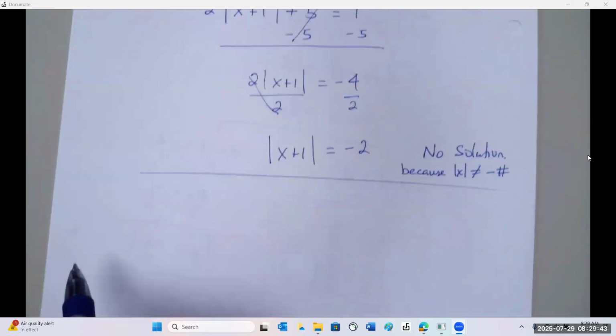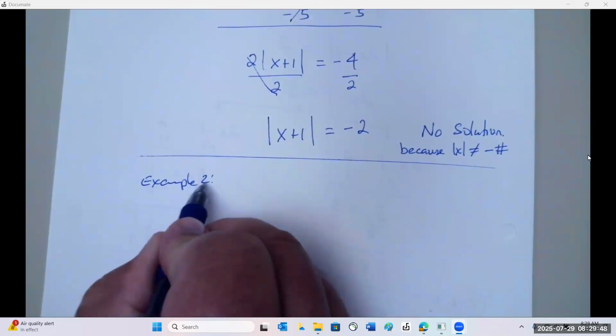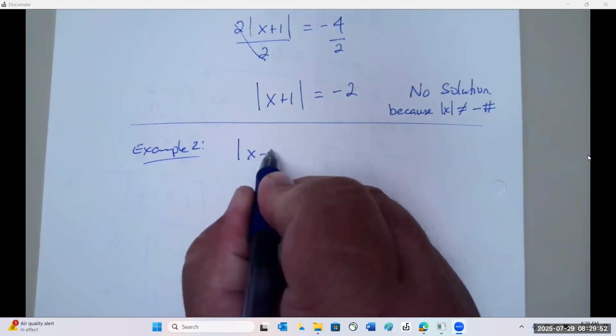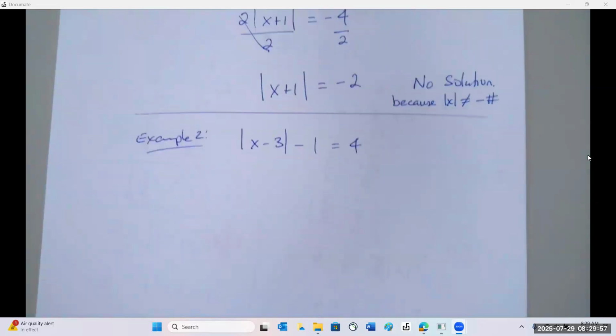All right, so let's build a bigger one here. Let's do example 2, which we're going to start off with. Absolute value of x minus 3, minus 1 equals 4.